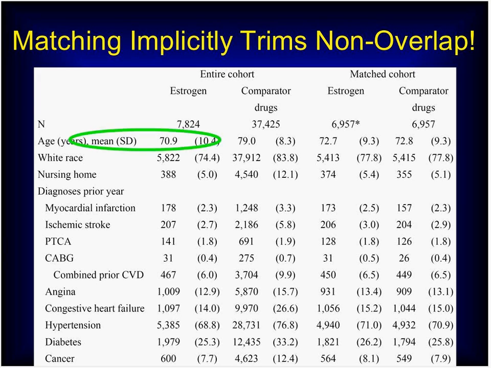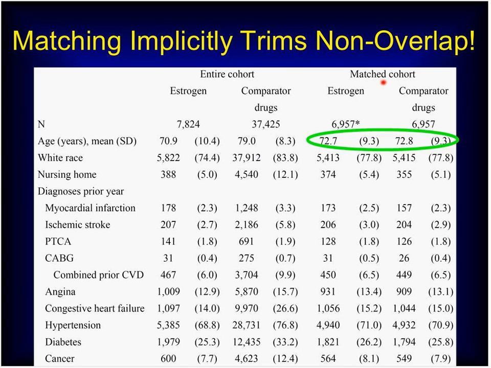When you look at this, this is real data from a Medicare population, women over 65 initiating estrogen and initiating a comparative drug. You see that in the crude, we have almost 8,000 women initiating estrogen and 4,000 women initiating the comparative drug, but the estrogen initiators are younger than the initiators of the comparative drug.